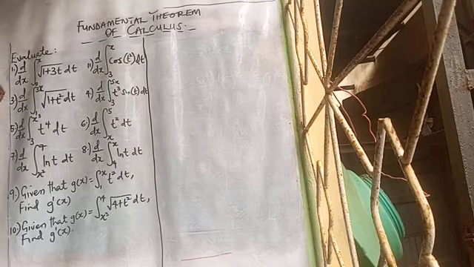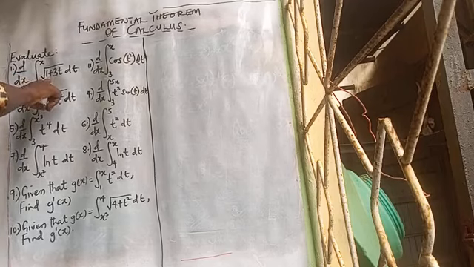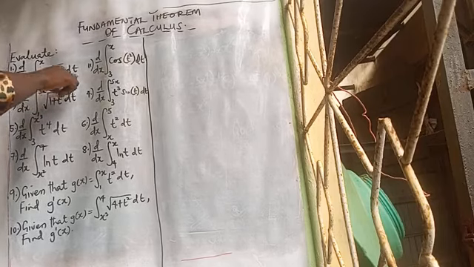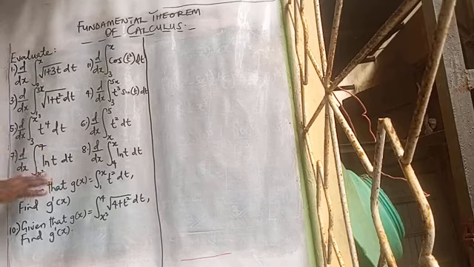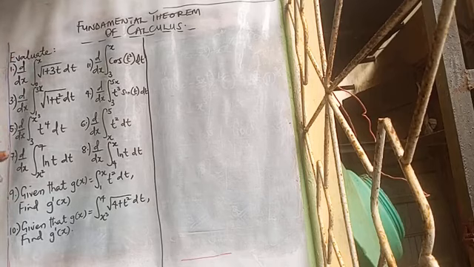It says we should evaluate d/dx of the integral of the square root of 1 plus 3t dt from 0 to x. But when I see a question like this, what comes to my mind?